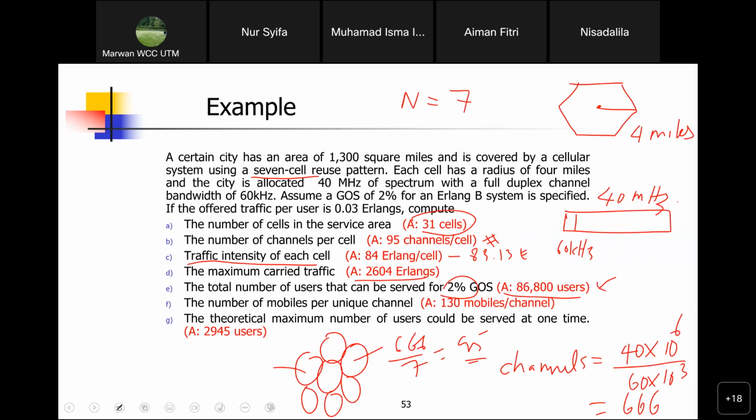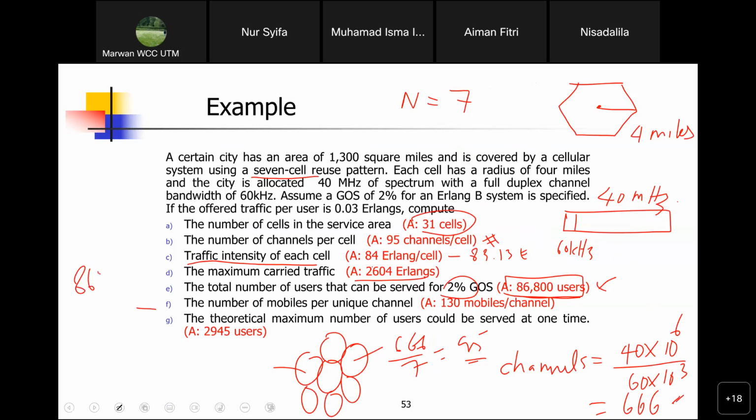Okay, 86,000. So the number of mobiles per unit area, how do you get 130? You just divide the number of users by the number of channels, 666. So 86,000 divided by 666.